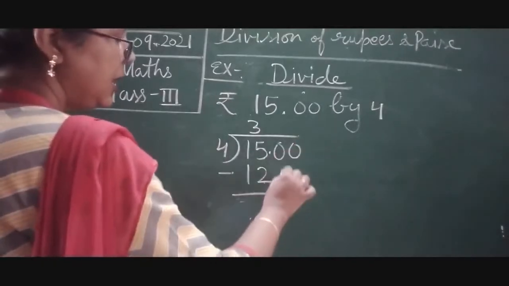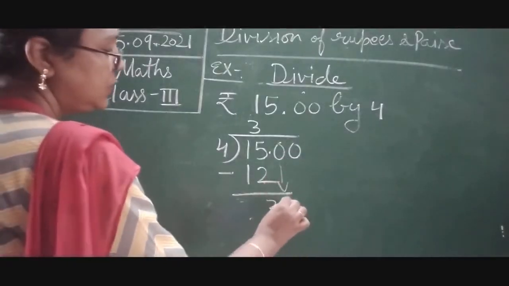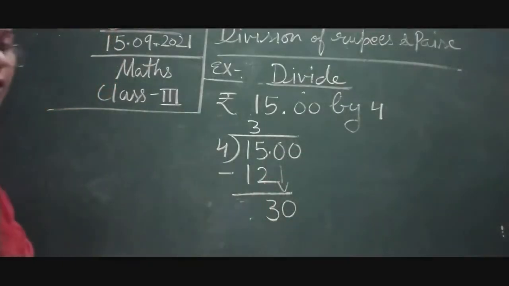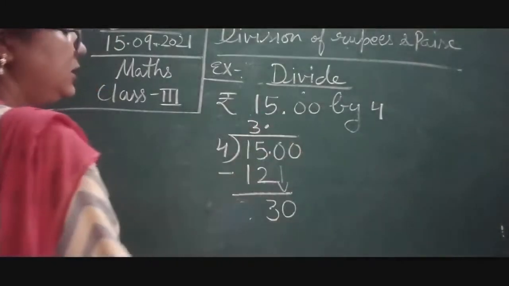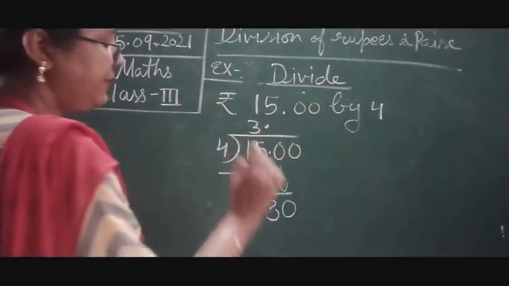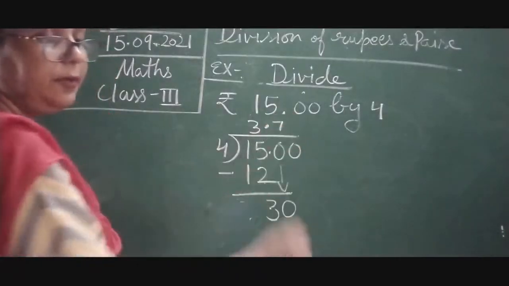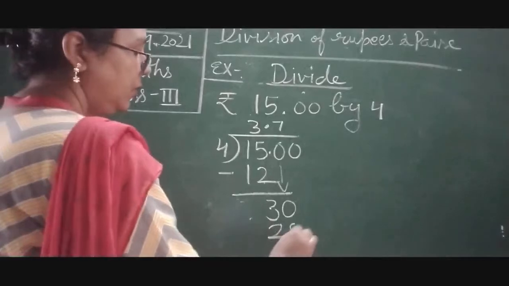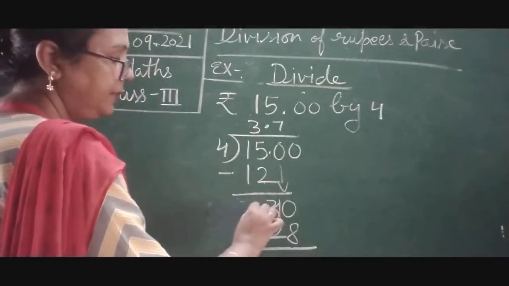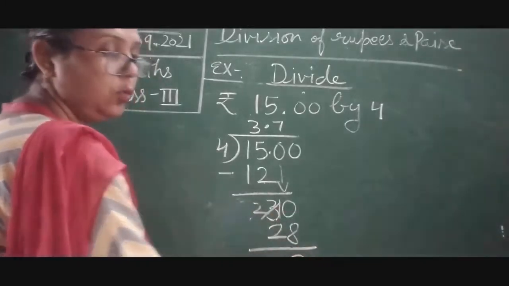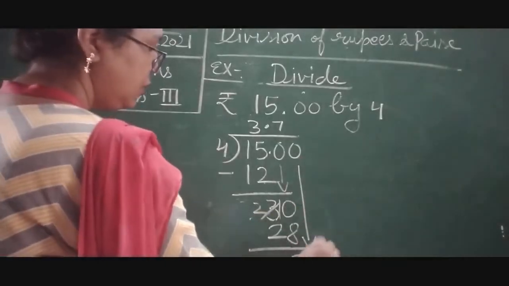Now we are going to write down 0 over here, and because we want to write 0, we just put a 10, and here 4 sevens are 28. Now here 10 minus 8, we will get 2. So again we have to write 0 over here.